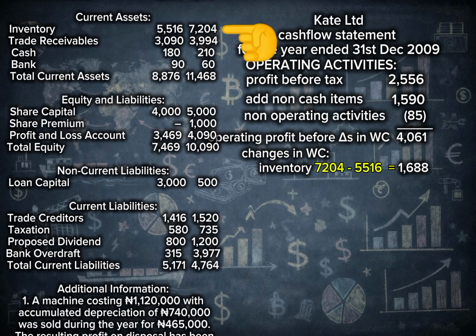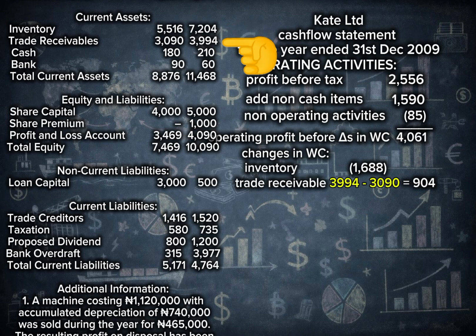Comparing inventory between 2009 and 2008, there was an increase in inventory by 1,688,000. And since buying inventory requires money, this will reduce our cash flow. Next is trade receivable.